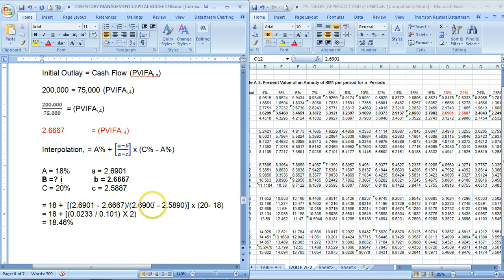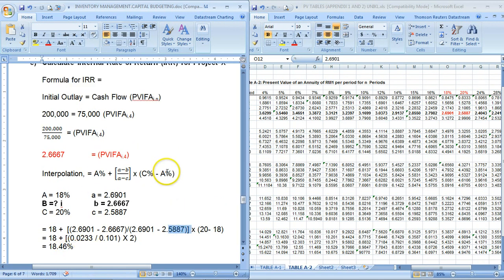Divide by A minus C. A is 2.6901 minus C, 2.5887, times C minus A, 20 minus 18. When you calculate, you will get 18.46%. I want you to try to calculate the figure again, because I've changed some figures here, so probably the answer is different. But the steps are like this.